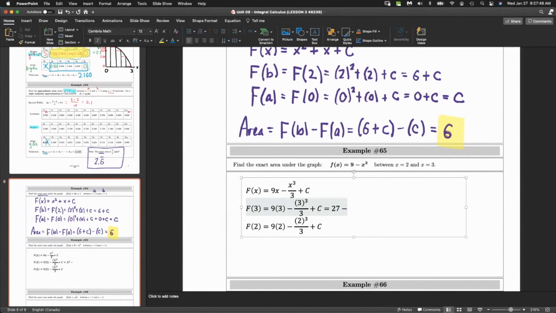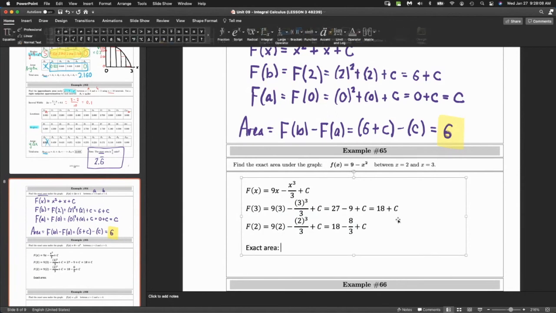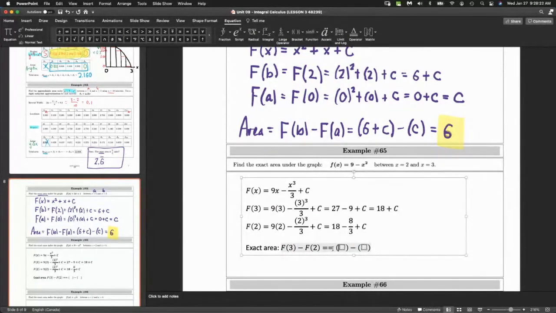Don't worry about it. Okay, so this is 27 minus 9 plus c, which is 18 plus c. And over here we have 18 minus 8 over 3 plus c. So then the exact area is the antiderivative at 3 minus the antiderivative at 2, which is equal to this minus this.